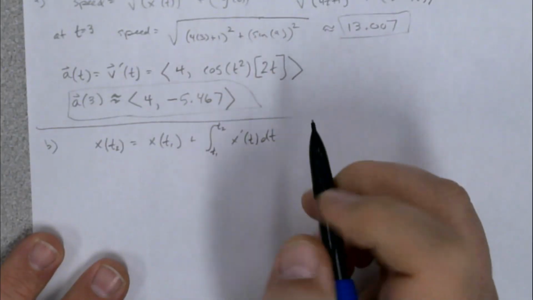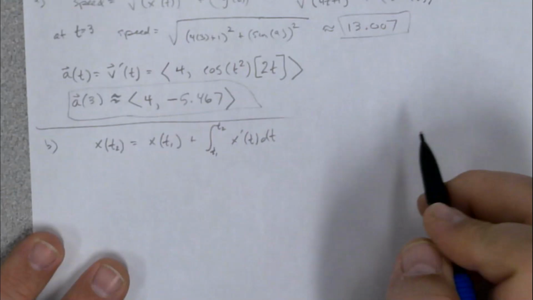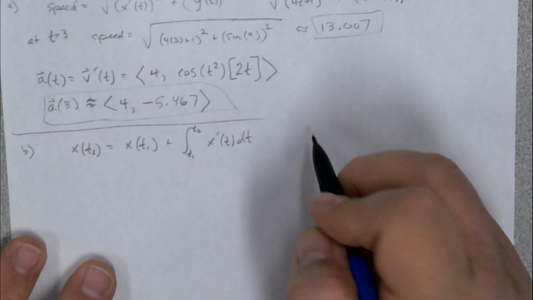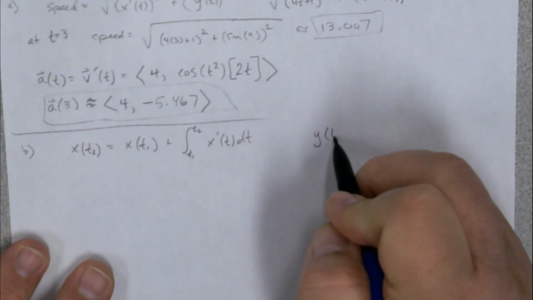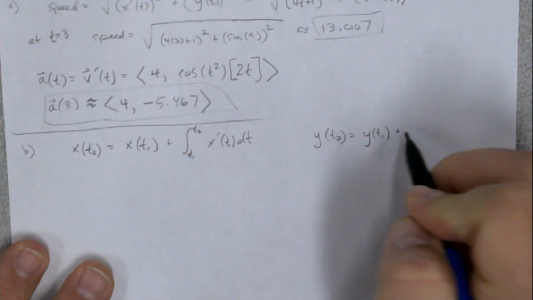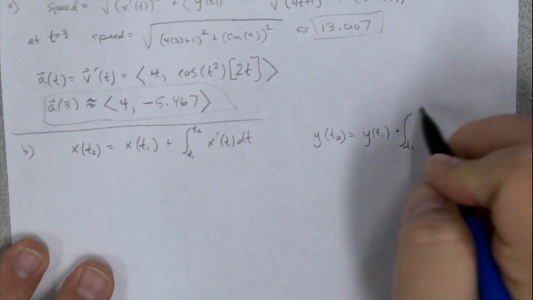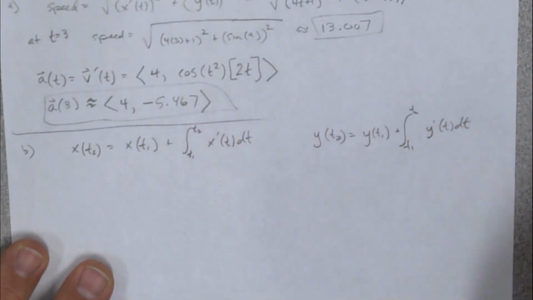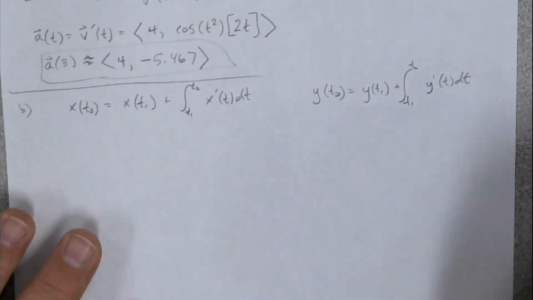You can do it as dx dt. Either way is fine. Because they gave me dx dt, I could have probably done it as dx dt and been totally fine. The y's new position is y's old position plus the integral from t1 to t2 of y prime of t dt. So we're going to use both of those to figure this out.